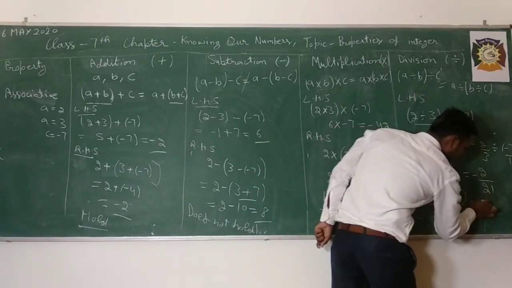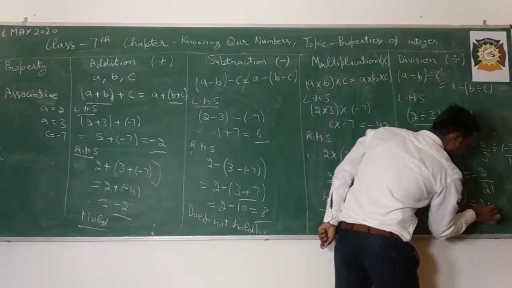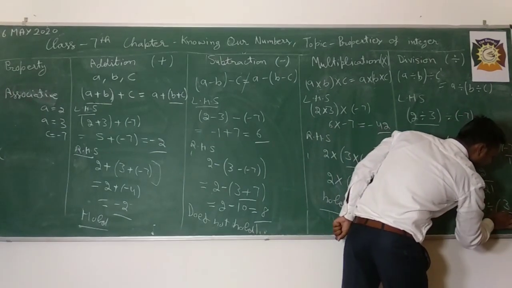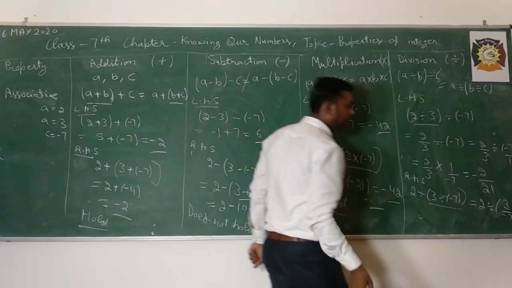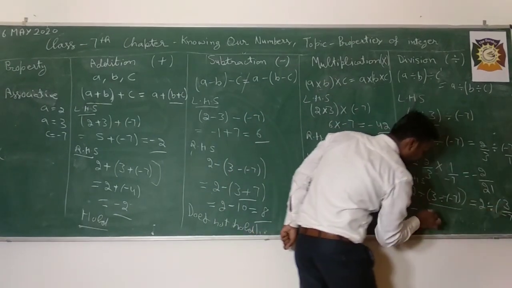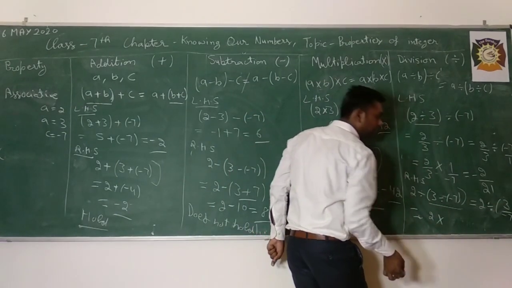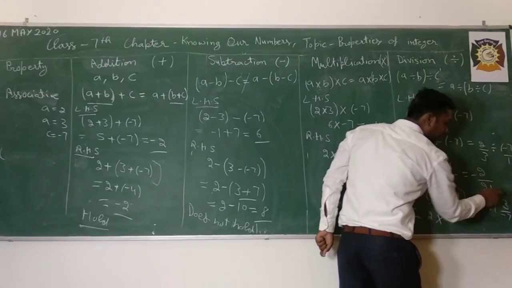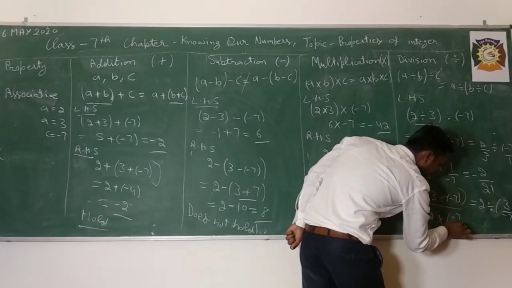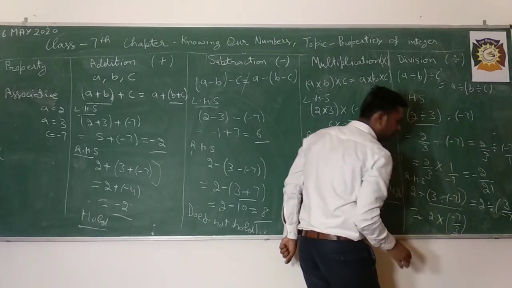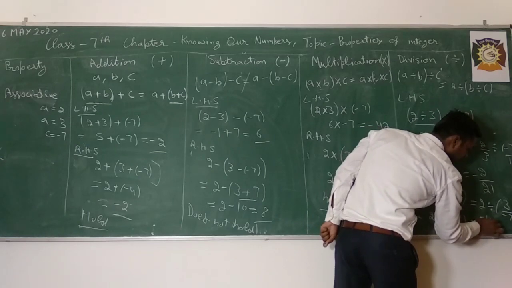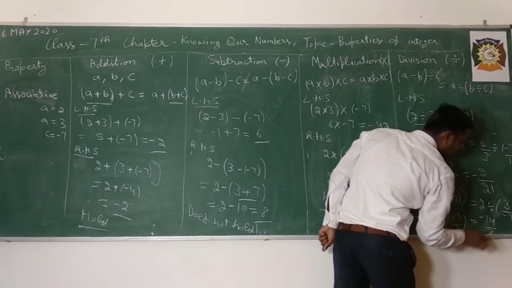That is 3 divided by minus 7, that is equal to 3 by minus 7. Now divide it. 2 divided by 3 by minus 7. Change the sign of division into multiplication and reverse or invert the integer: minus 7 by 3. Multiply it. 2 into 7, that is equal to minus 14 divided by 3.